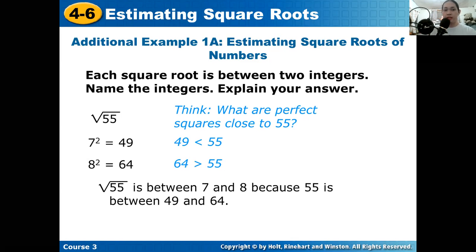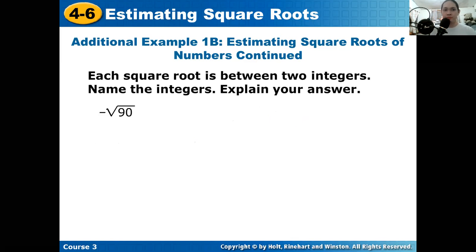Therefore, the square root of 55 is between 7 and 8 because 55 is between 49 and 64. What's your answer? 7 and 8. Very good. Please take down note of that.